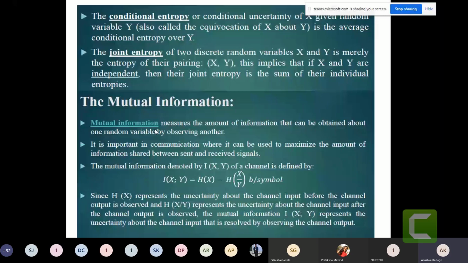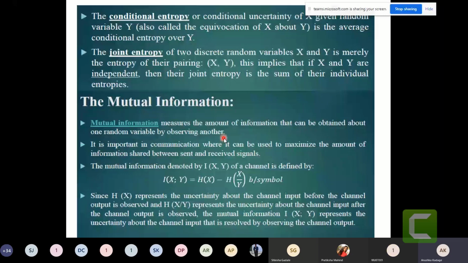So mutual information is defined as the measure of the amount of information that can be obtained about one random variable by observing another. Suppose I consider the random variable at the transmitter, indicated by capital X, with its values indicated by xj's.